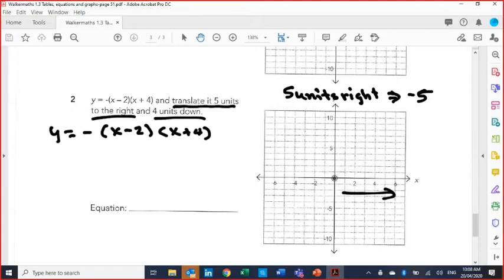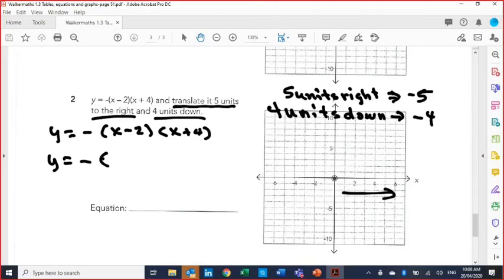Right? Remember, you put it in the bracket, it changes it. And then we go 4 units down. 4 units down is still negative 4. Okay? So we didn't reflect it, so it's still going to stay negative.